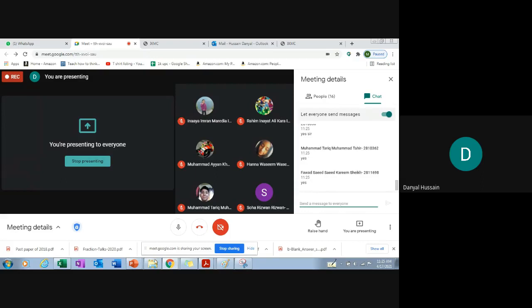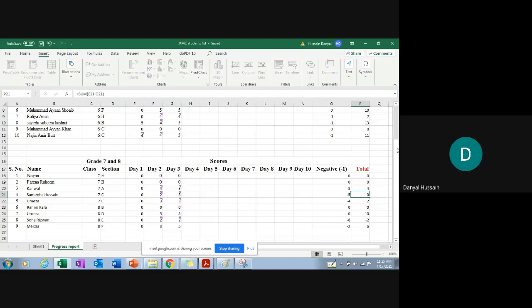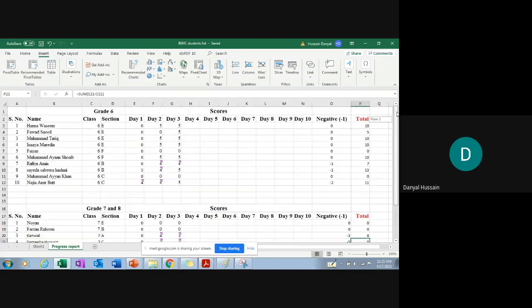Now let's see the second thing, which is very, very important: negative marking. Let's understand negative marking again. This sheet I am compiling on a daily basis for grade 6, 7 and 8 students.